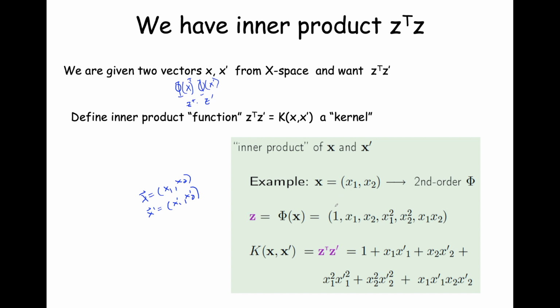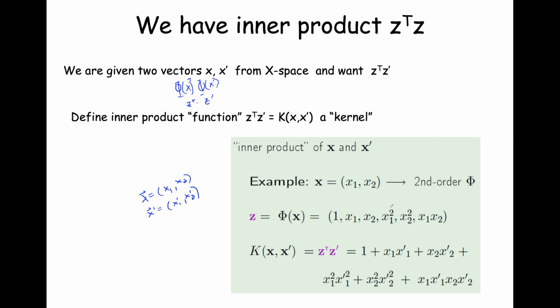So what does it do? Okay, there's the constant 1, then the first feature x1, and x2. Okay, those are the first and second features. And then we say x1 squared, x2 squared, and then the cross term, x1 x2. Okay, so if we were to do the inner product in Z space for this phi function on the original X space representation, what would that look like?